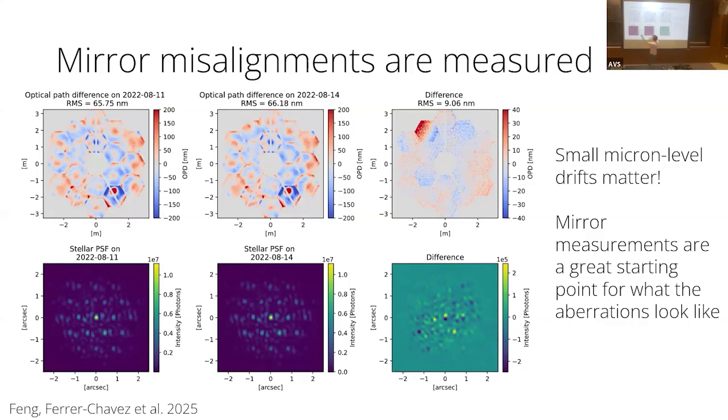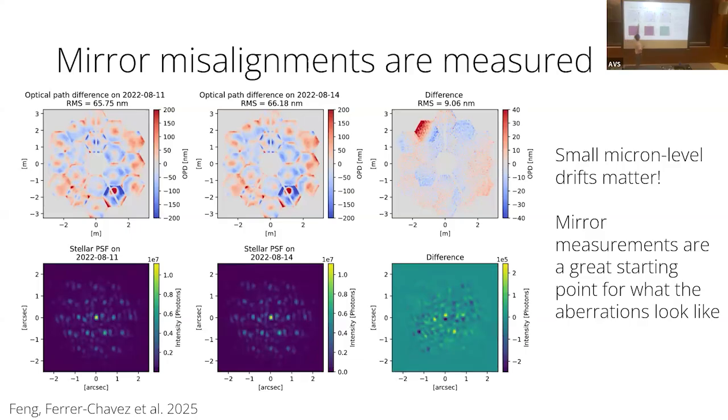So what you're seeing here are maps of how distorted that primary mirror, made of all those primary hexagons, looks. These are two maps taken 3 days apart, August 11th, 2022 and August 14th, 2022. They look almost identical by eye. If you calculate what the images of a star should look like if the light goes through these aberrations, they also look nearly identical by eye.